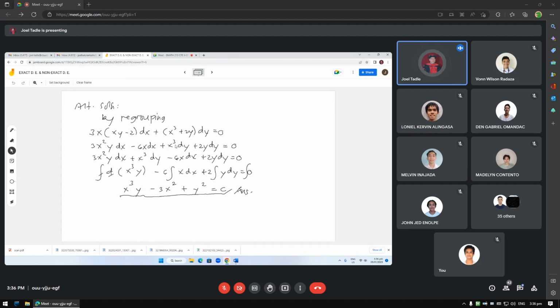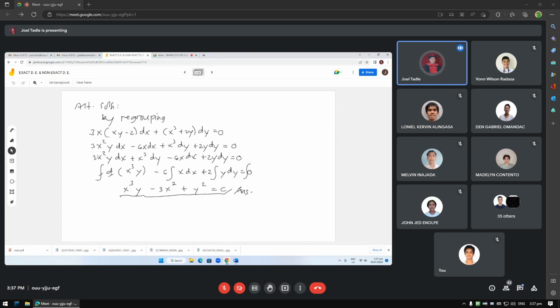Then plus x cubed dy plus 2y dy equals 0. So ang non-integrable terms diri guys, kanin siyang 3x squared y dx o x cubed dy. 6x dx is integrable, 2y dy is integrable as is. So kaning 3x squared y dx o kaning x cubed dy atong gi-regroup.